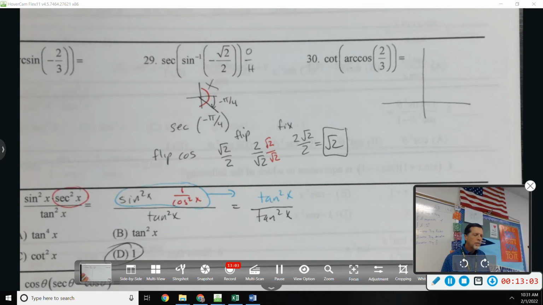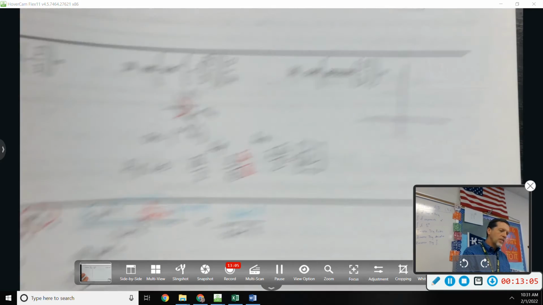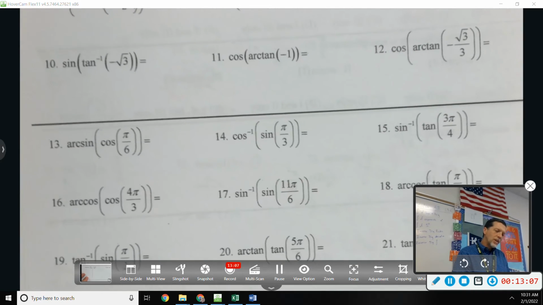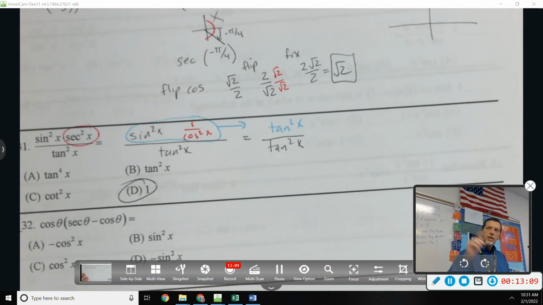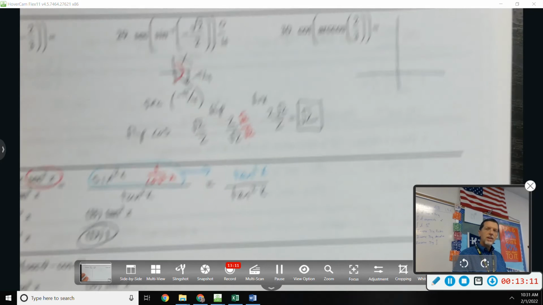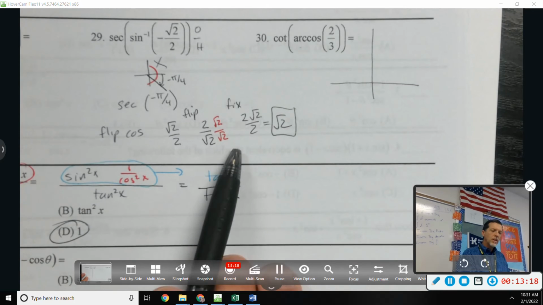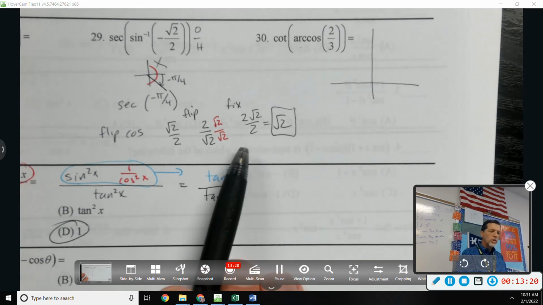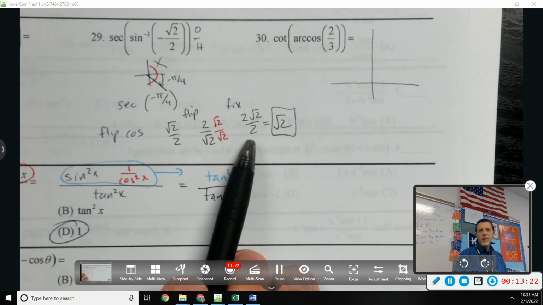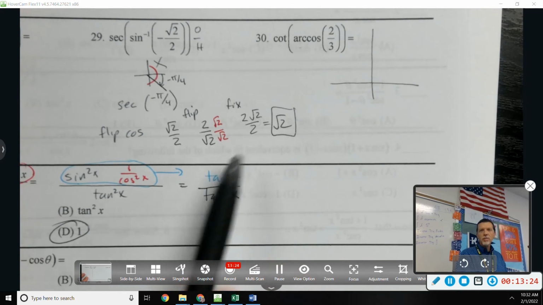If we don't fully simplify that, is it completely wrong? It won't be completely wrong. If you leave it as 2 over root 2, or even as 2 root 2 over 2, that's minus a point, because it's not simplified.